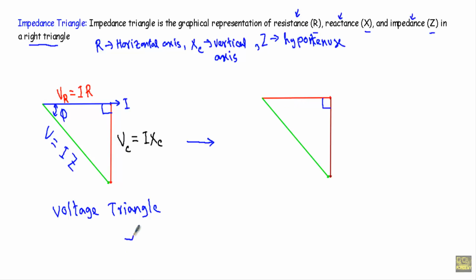See, if we have a resistor R, if the voltage across that resistance is VR and if the current through that resistance is I, if I take the ratio of voltage across that resistor to the current through that resistor, we will get the resistance. Simple Ohm's law.